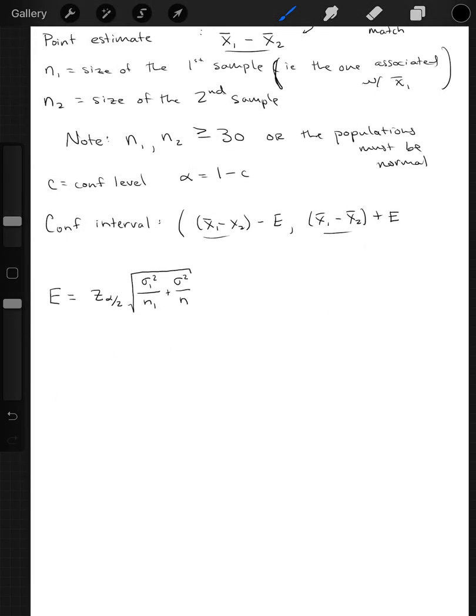And again, right, we are going to be C% certain that mu1 minus mu2 is in the confidence interval, right? And so there are some specific things that we're generally going to want to take away from that.